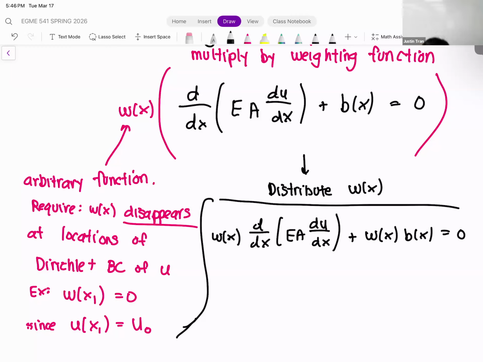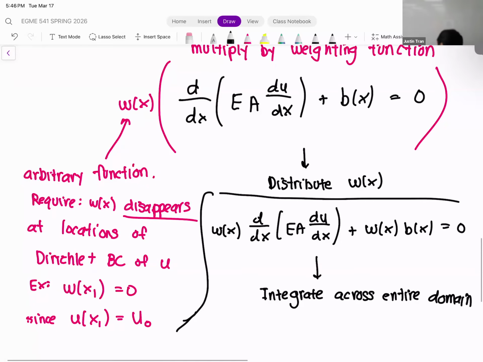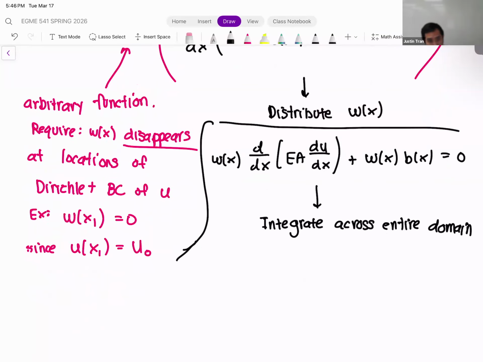Now, what we're going to do with this expression here is that we're going to integrate this entire expression across our entire domain. So we're essentially integrating from x1 to x2 because that's the length of our domain.